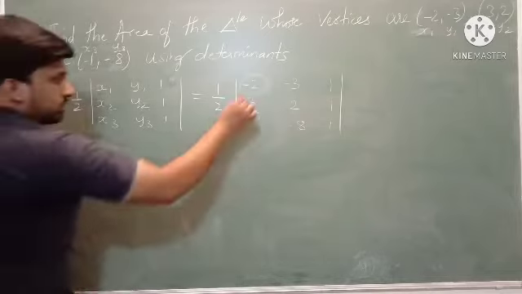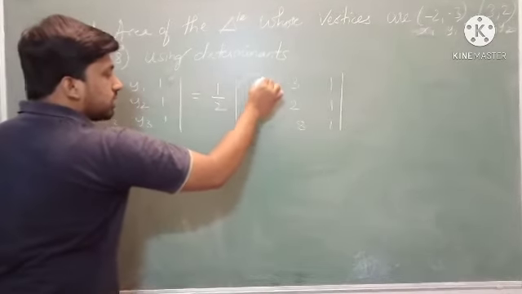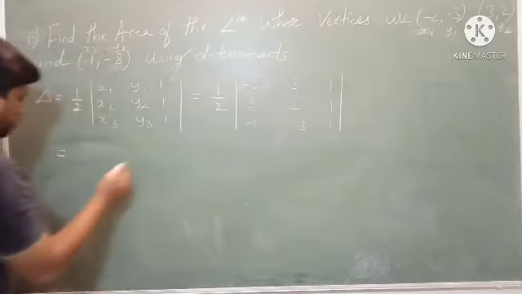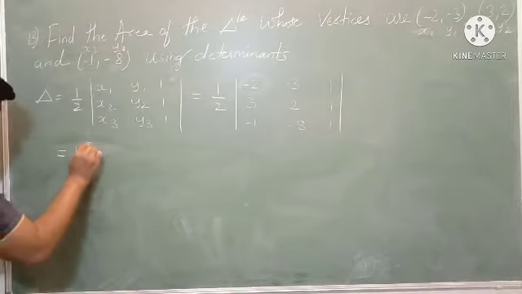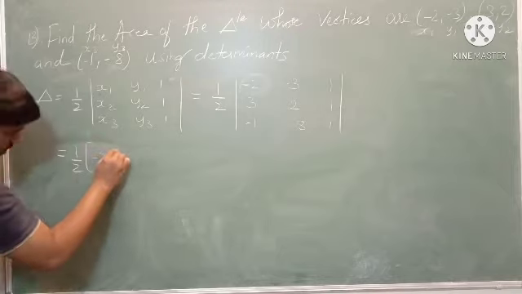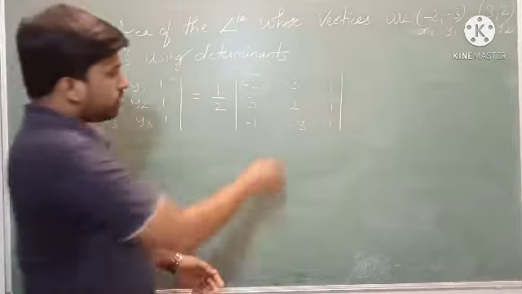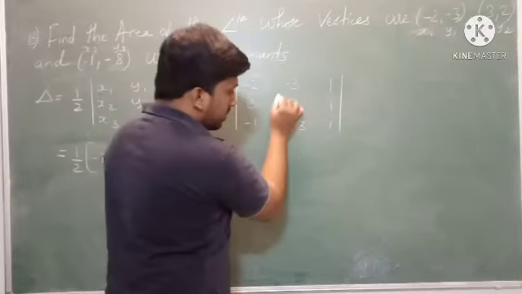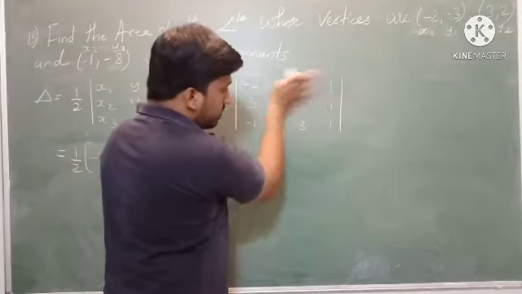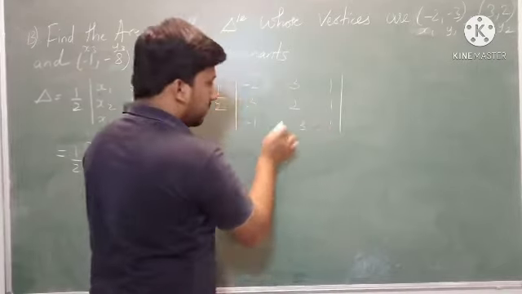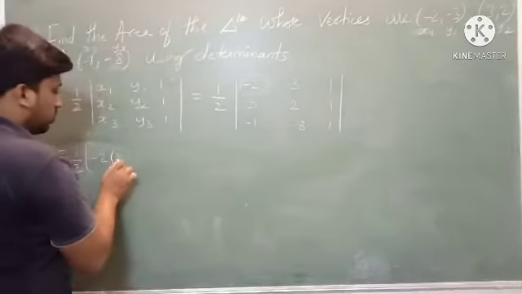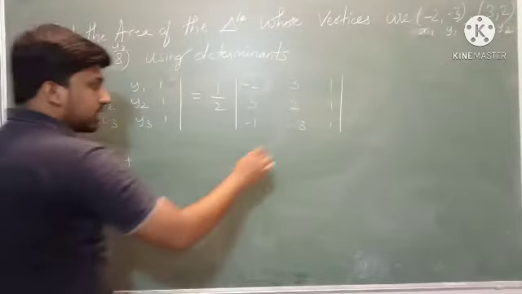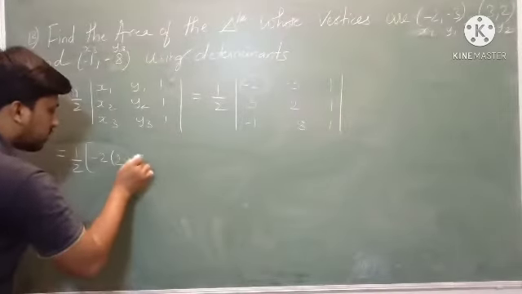First I am going to consider the first element of the first row, that is minus 2. Already we have 1 by 2 here. Okay, so minus 2 into, now I will be omitting the complete first row and first column. I will be considering this section apart from this and cross multiplying. So 2 into 1 is 2 minus, already I have minus here, so it will be plus 8 into 1 is 8.